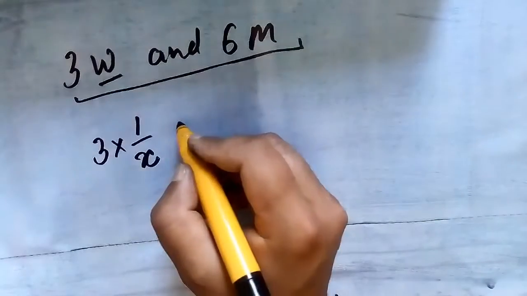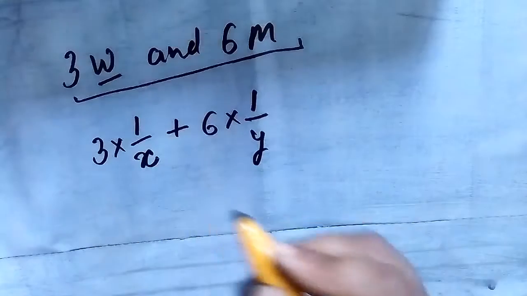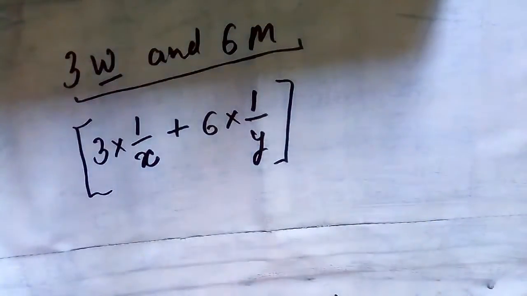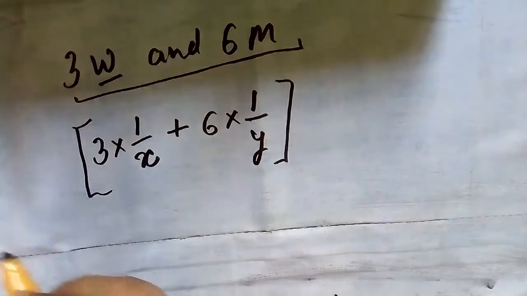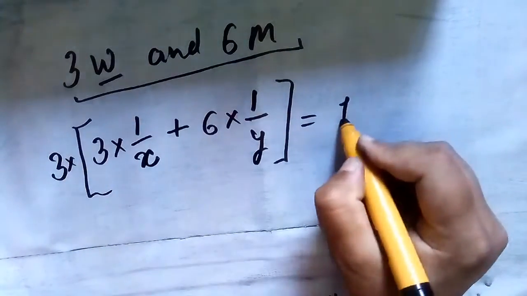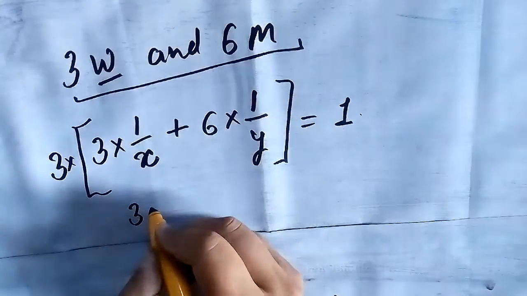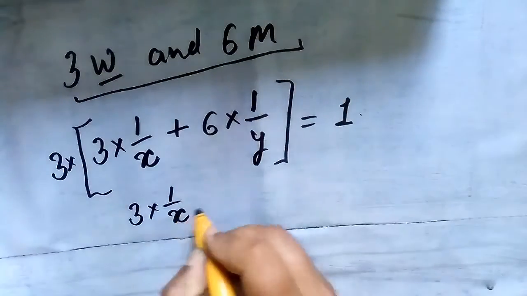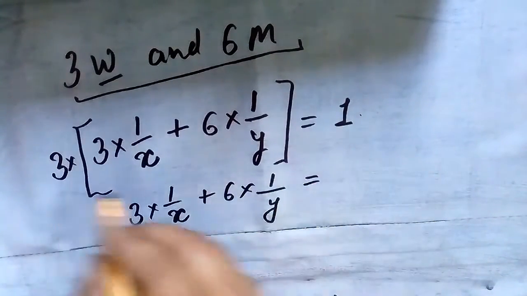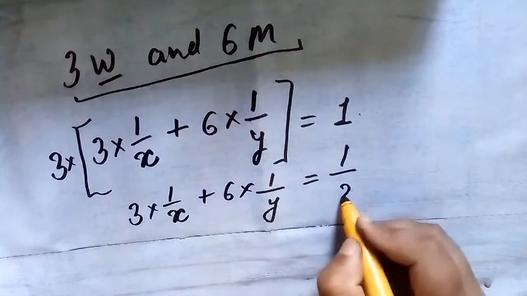So it will be 3 multiplied by 1 upon x plus 6 multiplied by 1 upon y, multiplied by 3, equals 1 work. Take 3 to the right side, so 3 multiplied by 1 upon x plus 6 multiplied by 1 upon y equals 1 upon 3. This is your second equation.